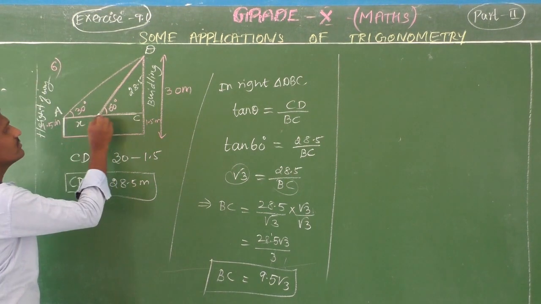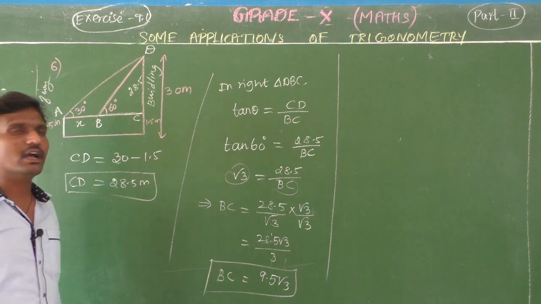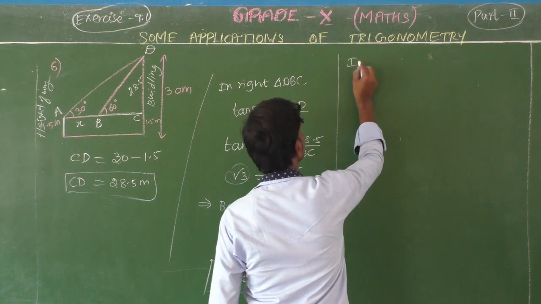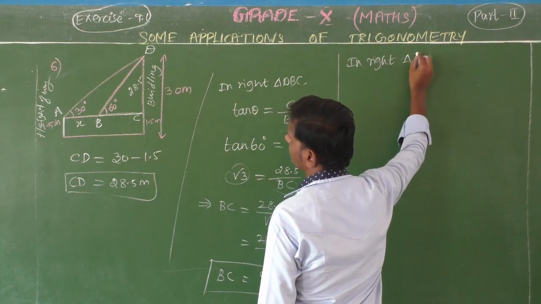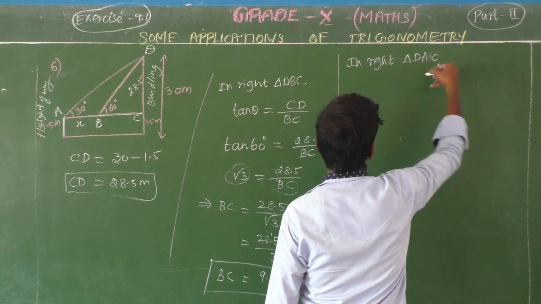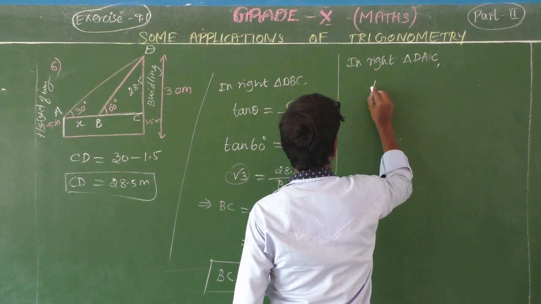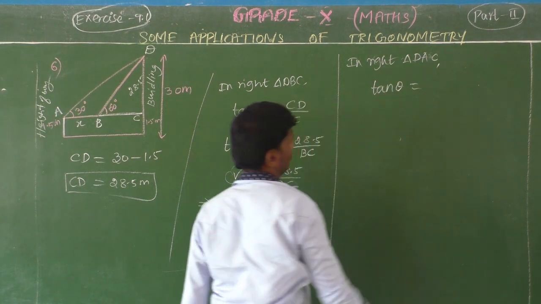So we know this. Now I am going to take the whole triangle, the right triangle DAC. Here also I am taking tan theta.